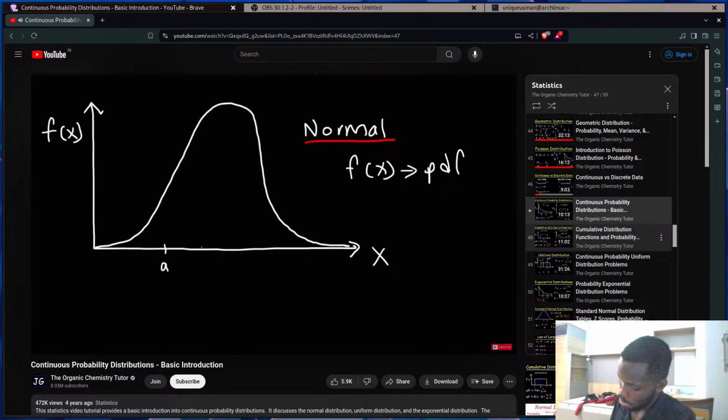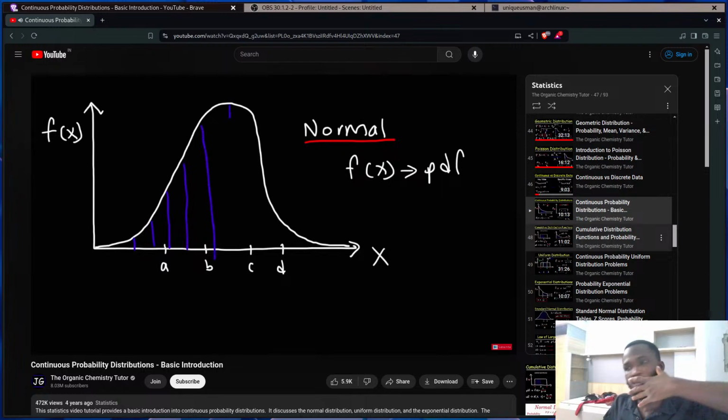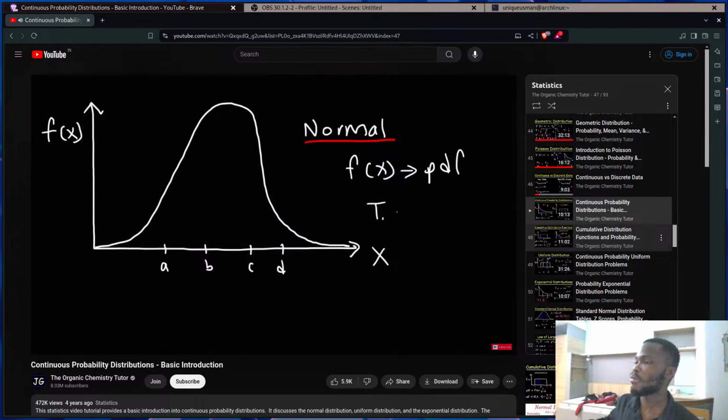Let's call this A, B, C, and D. We're going to use that shortly, but one thing I do want to mention is that the total area under the curve for a continuous probability distribution is always equal to 1. So the area of the shaded region, highlighted in blue, is equal to 1. So I'm going to write TA for total area. That's 1.